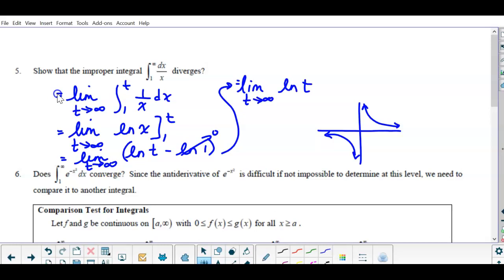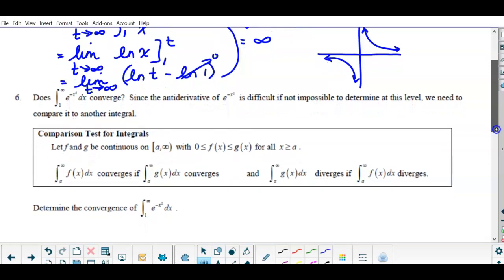Well, as t gets bigger, ln gets bigger. Not hugely, but it does. So this goes to infinity, right? So it does diverge. So we can never get a finite area underneath 1 over x. So just be aware of that, because you kind of think about, oh yeah, if 1 over x is approaching 0, but the area underneath is not approaching a number.